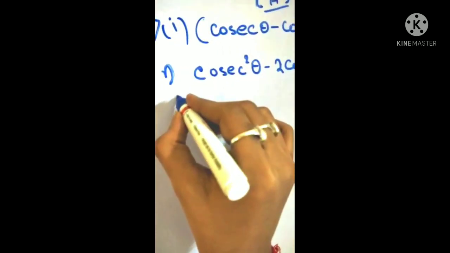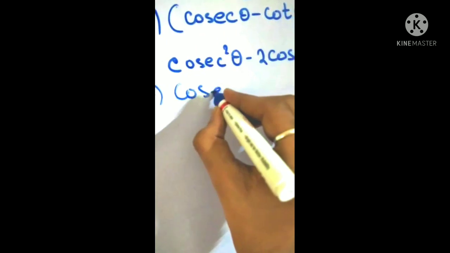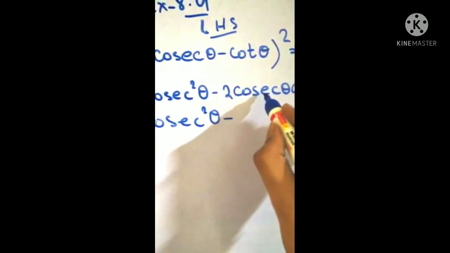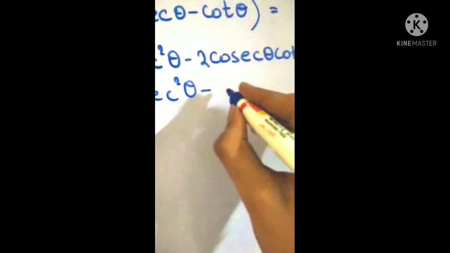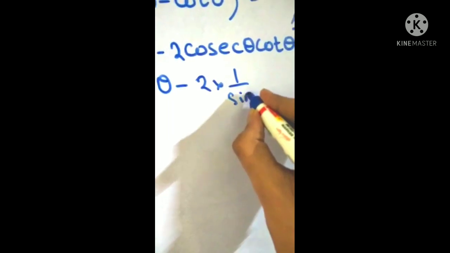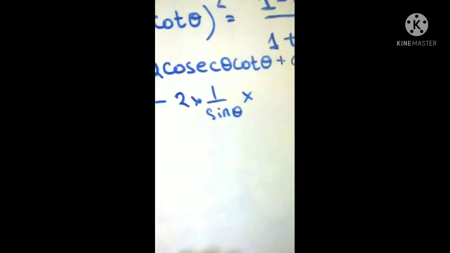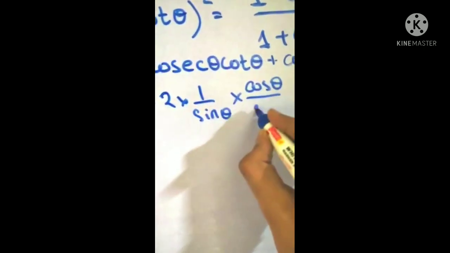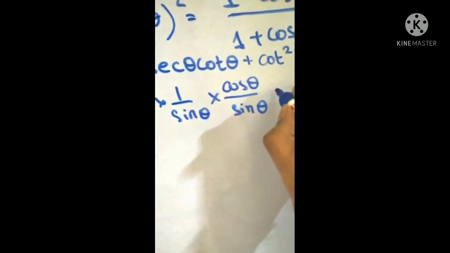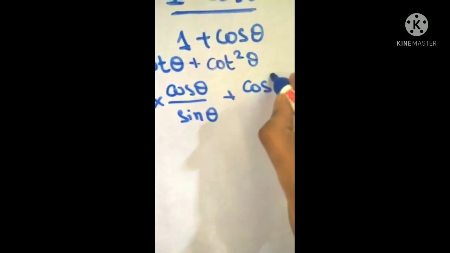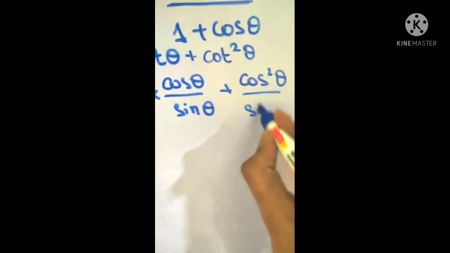Now from here we can say that cosec square theta minus 2 cosec theta cot theta. So 2 cosec theta can be written as 2 into 1 by sin theta multiplied by cot theta, and cot theta can be written as cos theta by sin theta, plus cot square theta can be written as cos square theta by sin square theta.